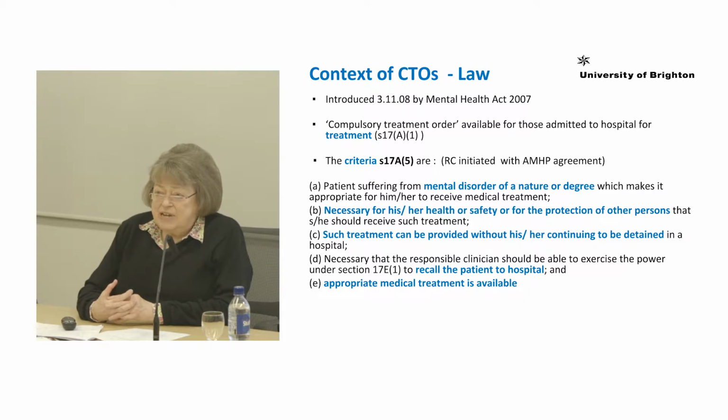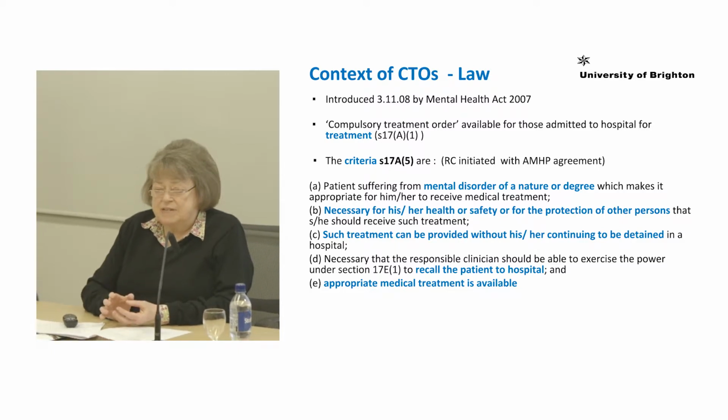And they really flow on from the events in the early mid-1990s, the Christopher Clunis killing of Jonathan Zito and a number of other ones that really pushed mental health policy to a great extent into a risk management focus.